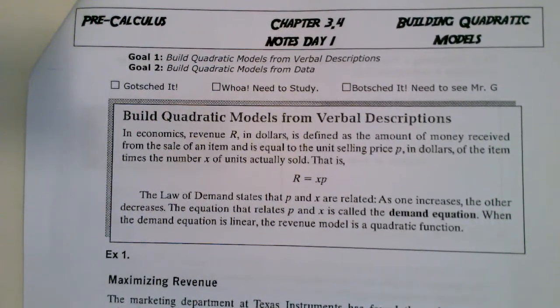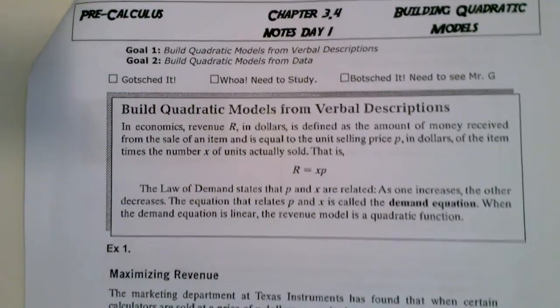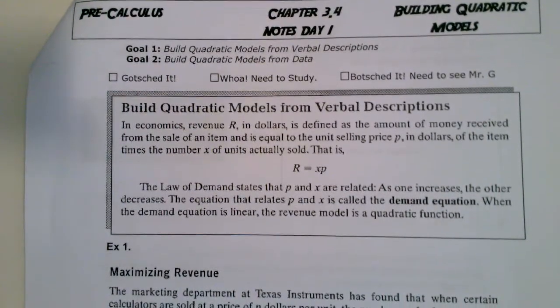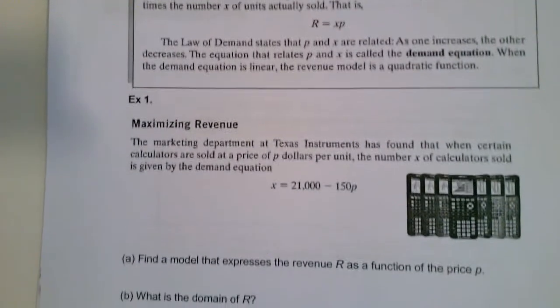As one increases, the other decreases. The equation that relates P and X is called the demand equation. When the demand equation is linear, the revenue model is a quadratic function. So revenue equals X times P. Let's get started. They want us to maximize our revenue here.